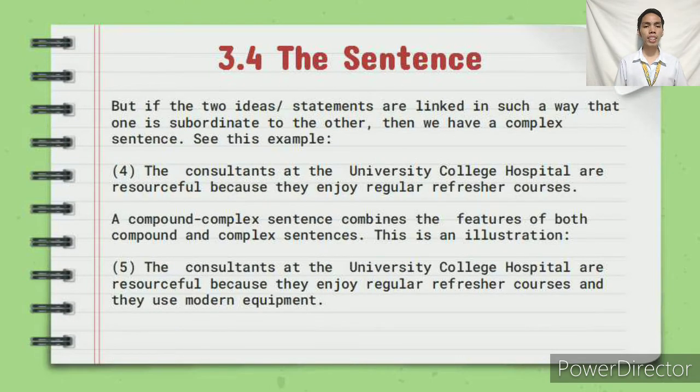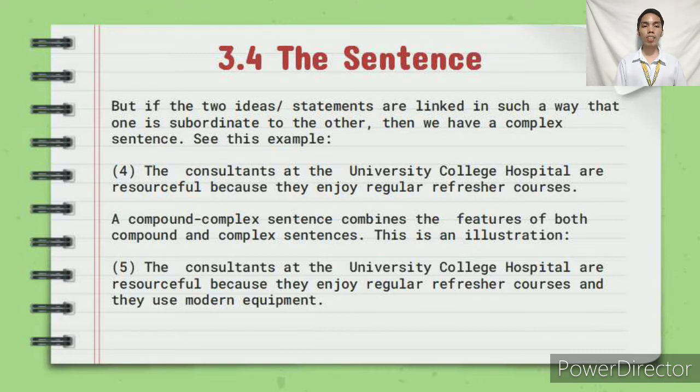Next, but if the two idea statements are linked in such a way that one is subordinate to the other, then we have a complex sentence, okay? A complex sentence is formed when a sentence has at least one independent clause and one subordinate or dependent clause. Here is our example. The consultants at the University College Hospital are resourceful because they enjoy regular refresher courses.